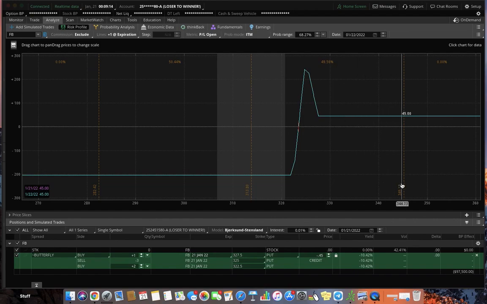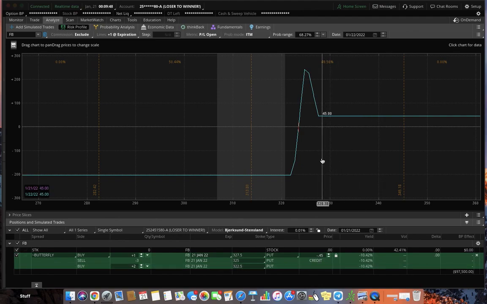It was on Facebook, and I just felt like Facebook could maintain 325 or above. The trade basically is I get a $45 credit for purchasing this strategy, because the 3 puts that I sold actually generated more money than me buying the outside 3 puts, 1 up here and then 2 down here.